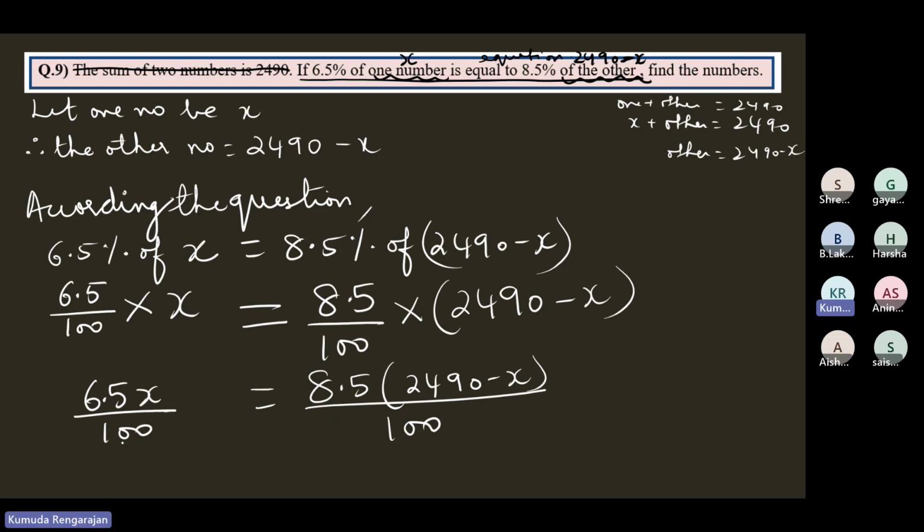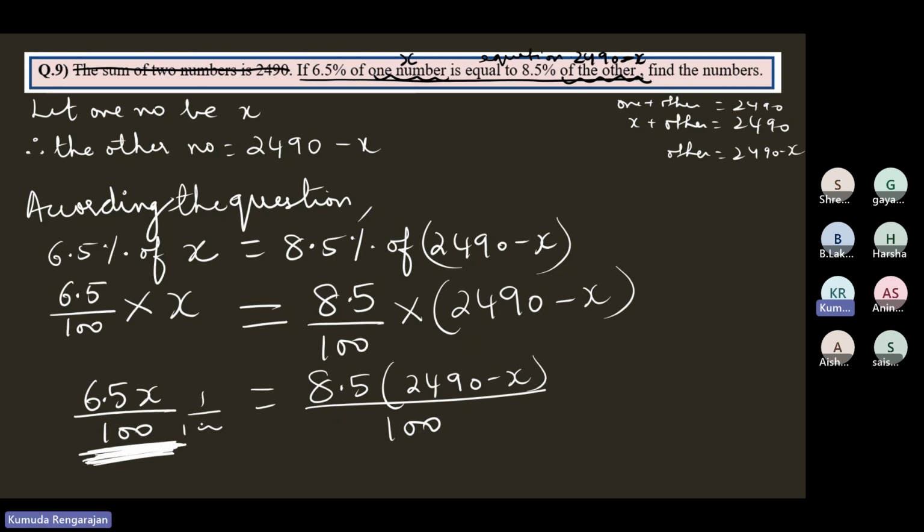Now just imagine, children, when this 100 comes to the right hand side, what will happen? Will it come to the numerator or denominator? This 100 is in the denominator, so it is 1 by 100.